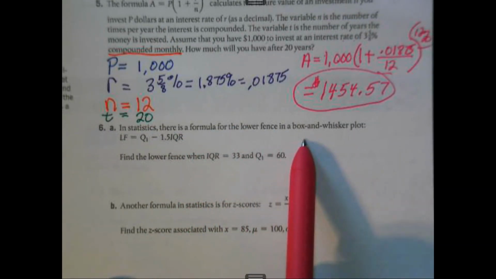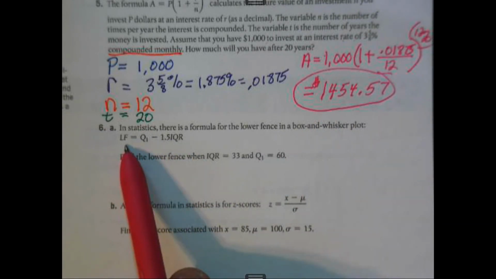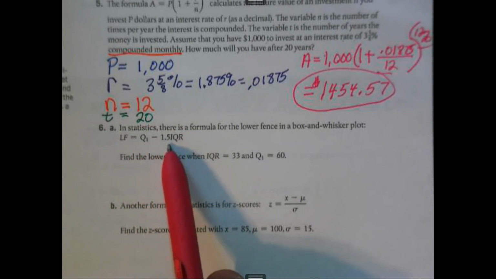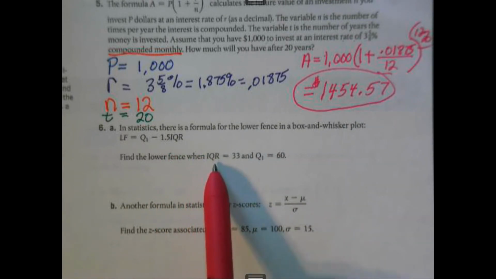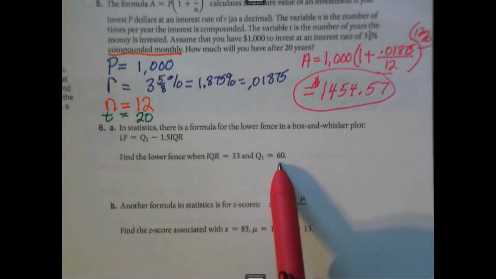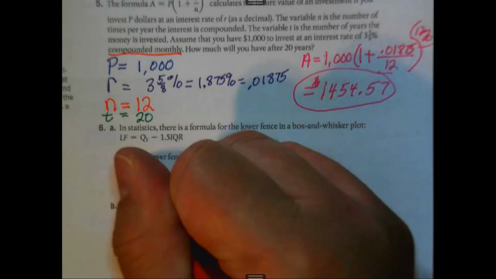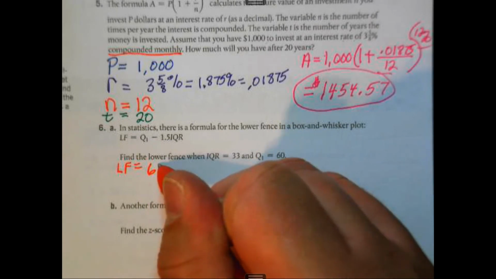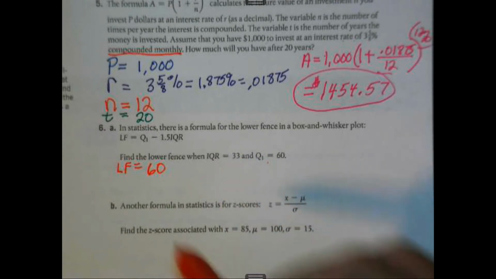Okay, 6A in statistics. There is a formula for the lower fence in box and whisker plots, where the lower fence equals quartile one, Q1, minus 1.5 IQR. Find the lower fence when IQR equals 33 and Q1 equals 60. So we're still looking for the lower fence. Our Q1 equals 60 and IQR equals 33.